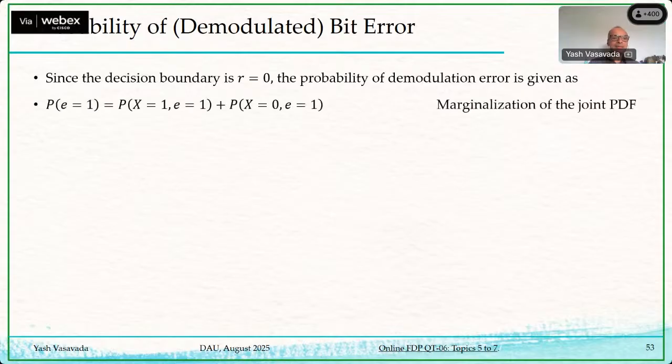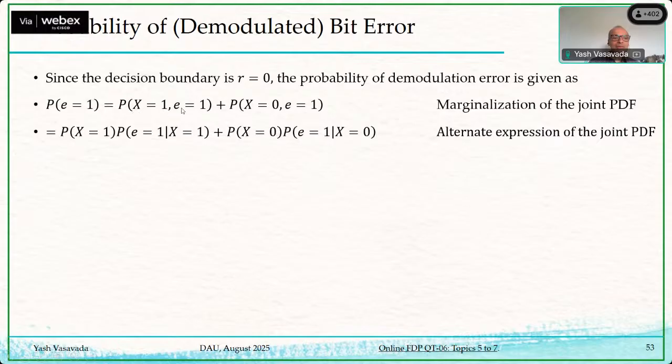So maybe there is this detailed derivation: the probability that error is equal to 1 is the probability that the receiver made an error when x equal to 1 was transmitted, plus the receiver made an error when x equal to 0 was transmitted. So it's a summation of these two joint probabilities. Now, what is the first probability?